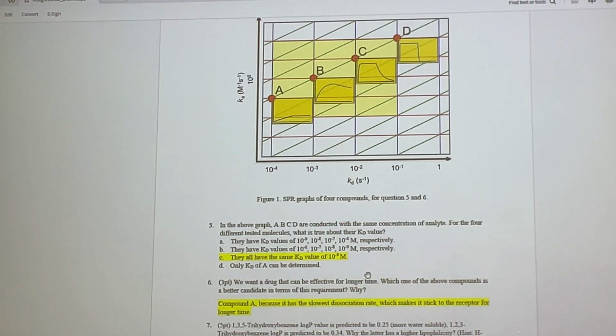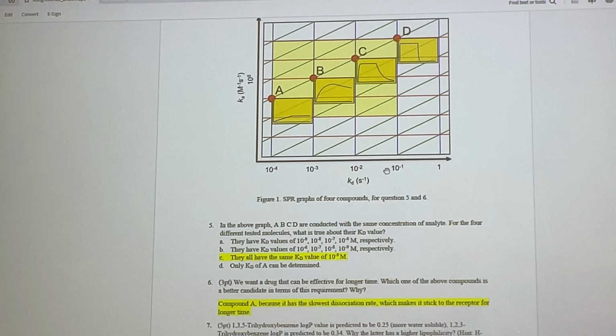So this statement can translate into a requirement that it should have a slower dissociation rate. Basically, the small kd value should preferably be small. So that's why we should pick A, which has the slowest dissociation rate among all four here.